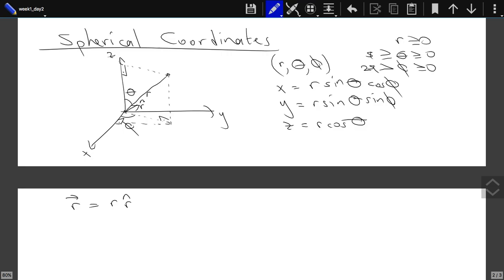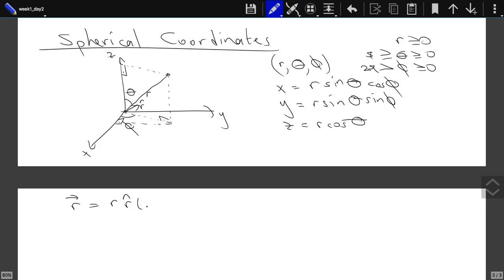If I go to this point, r hat vector is pointing in that direction. If I'm at this point, r hat vector is pointing in that direction. It points from the origin towards my point, just shift it to my point. So just keep in mind that this r hat vector changes from point to point.